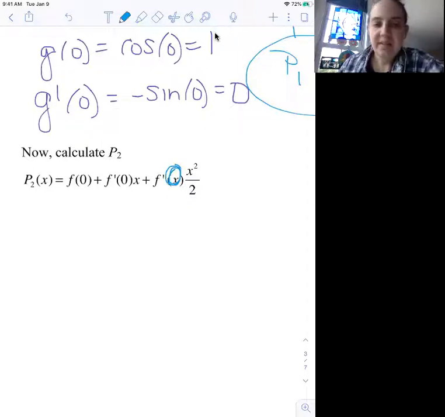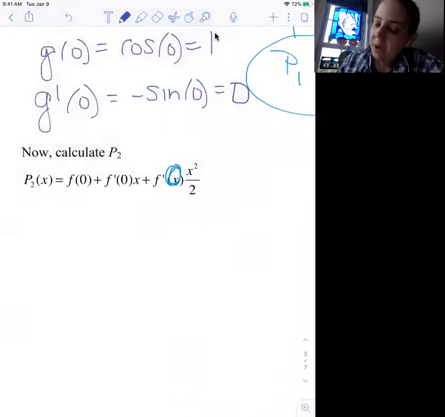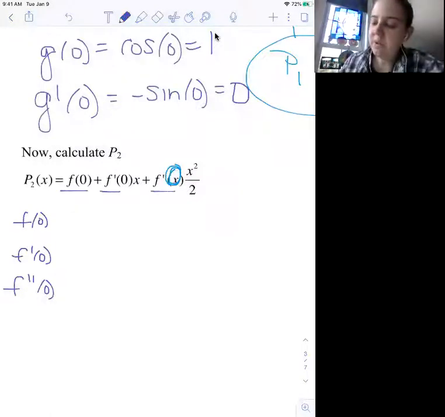So now to find the second degree Taylor polynomial, we need f of 0, we need f prime of 0, and we need the second derivative at 0. Because here's the original, first derivative, second derivative. We need all three of those things. So f is still that original function, which is cosine.